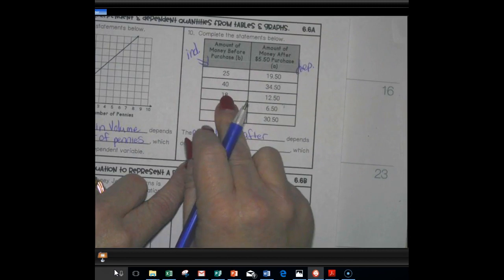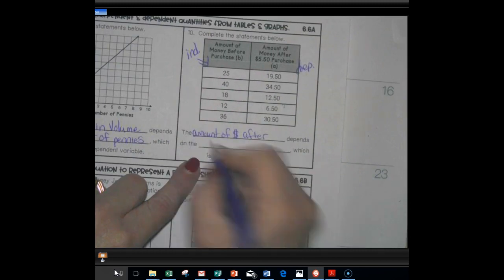This depends on the amount of money before. So the amount of money you have after purchase depends on how much you had before.